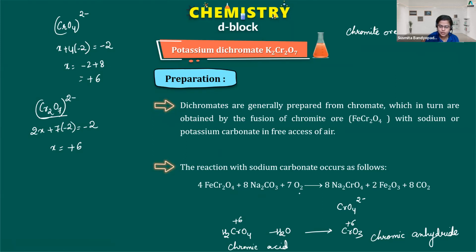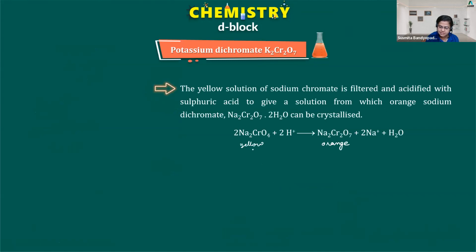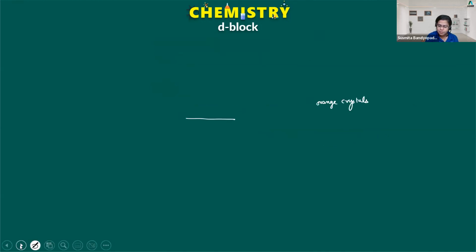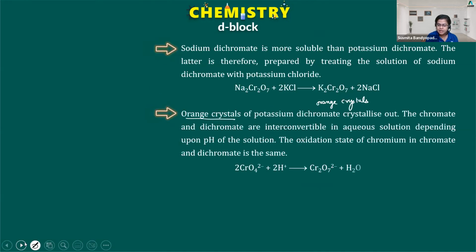Chromite ore with Na2CO3 and O2 gives sodium chromate, yellow solution. Acidification will produce sodium dichromate solution, which by double displacement with KCl produces orange crystals of potassium dichromate. So chromate to dichromate, acidification; dichromate to chromate, you should add a base.